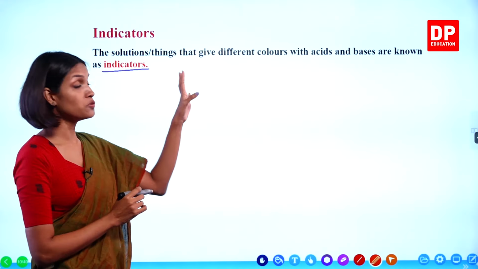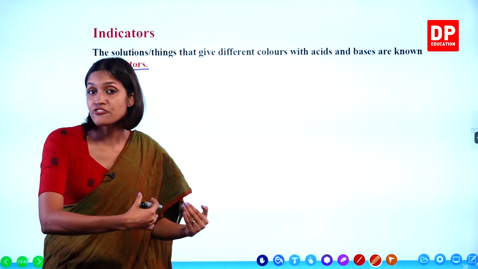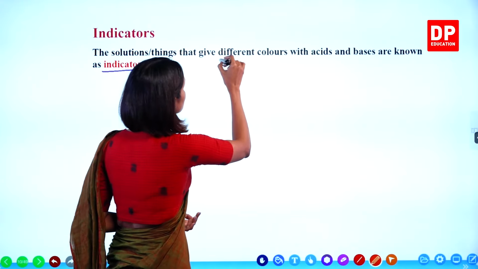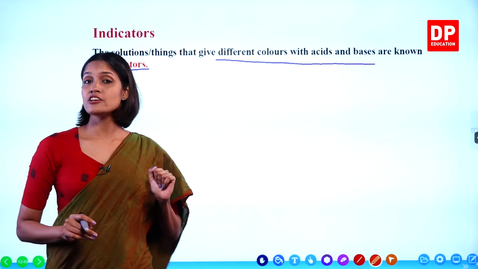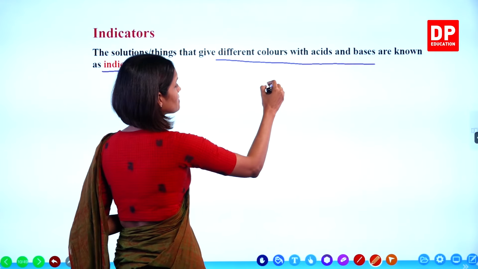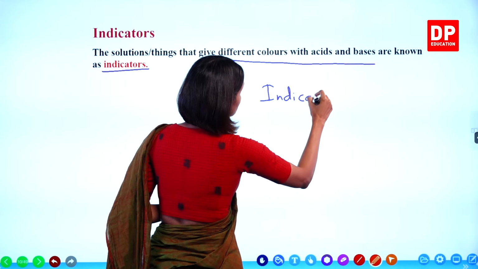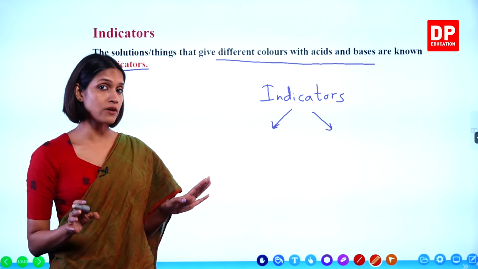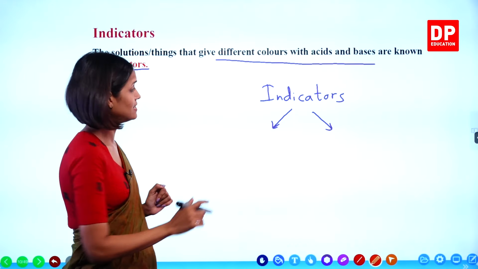Indicators, right? So how can we identify acids and bases? Because acids and bases give different colors in the presence of indicators, right? Under this lesson, you are going to learn about different types of indicators. Basically, we are going to learn it under two topics, right? Some indicators are natural indicators. Now, shoe flower boiled water is a type of natural indicator. I will explain what natural indicators are later.